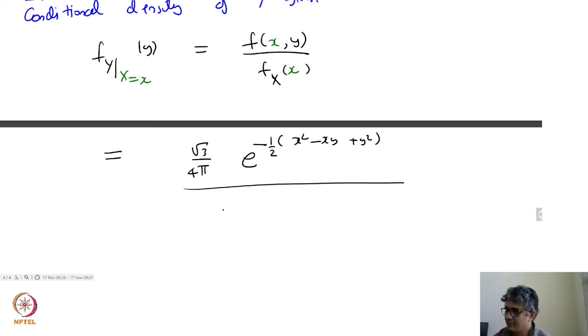So that's equal to root 3 by root 4, 1 over root 2 pi, and e to the minus 3x squared by 2.